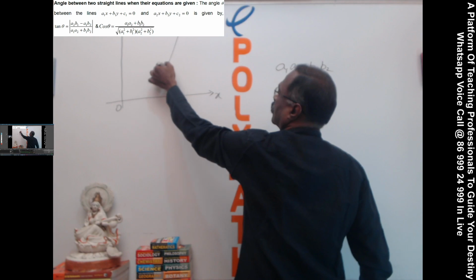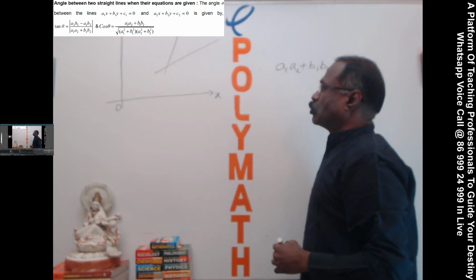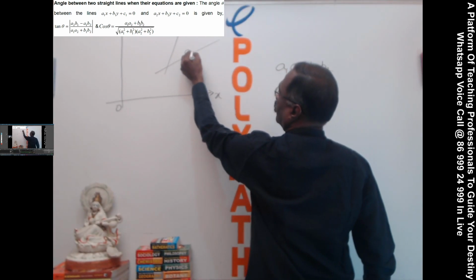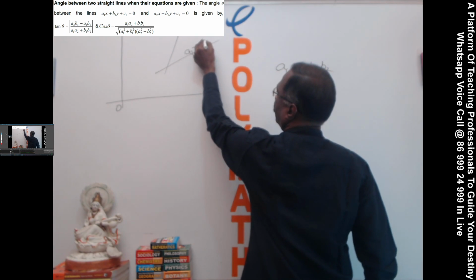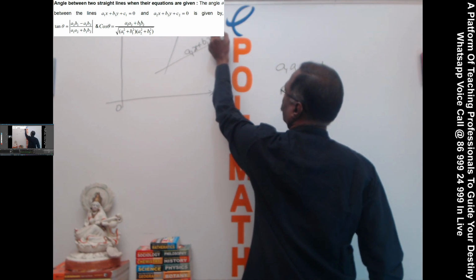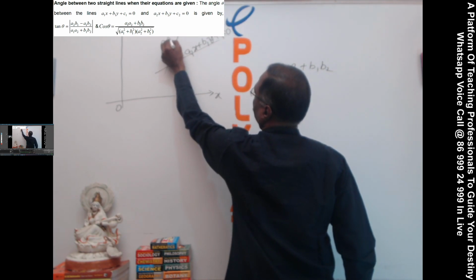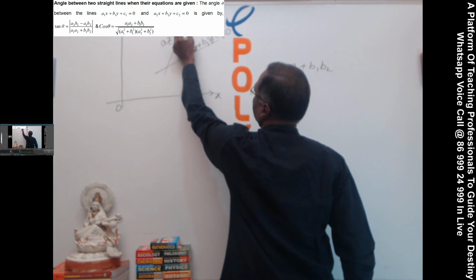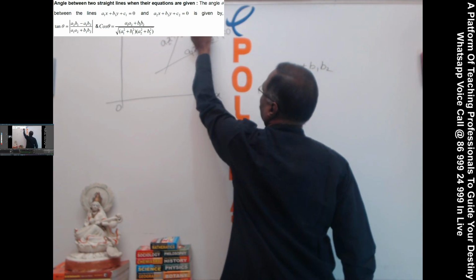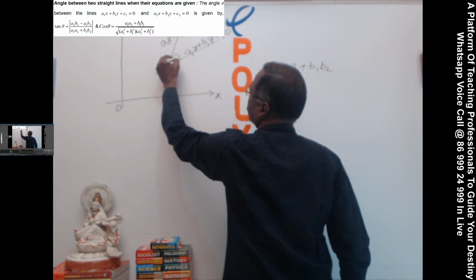One line, this is another line. This line is a1x plus b1y plus c1 equal to 0, and the other is a2x plus b2y plus c2 equal to 0. This angle is theta.